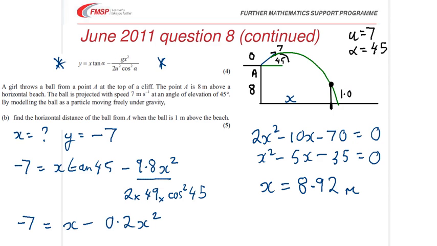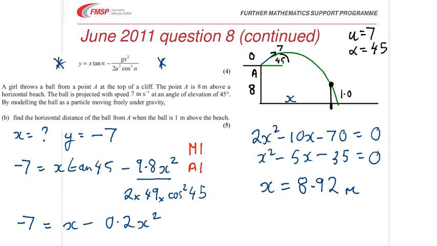Then for the second part of the question, we've got 5 marks. There was an M1 and an A1 for substituting y is minus 7 and putting all the numbers into this equation.